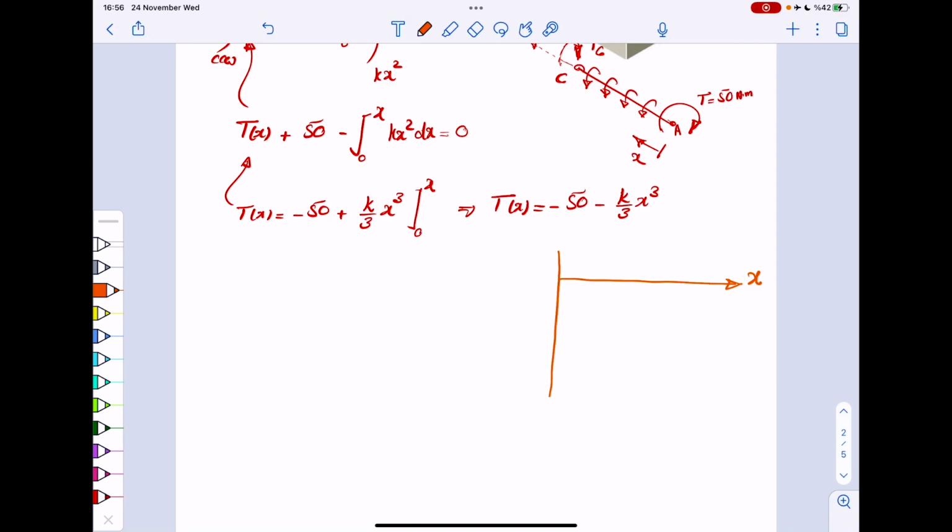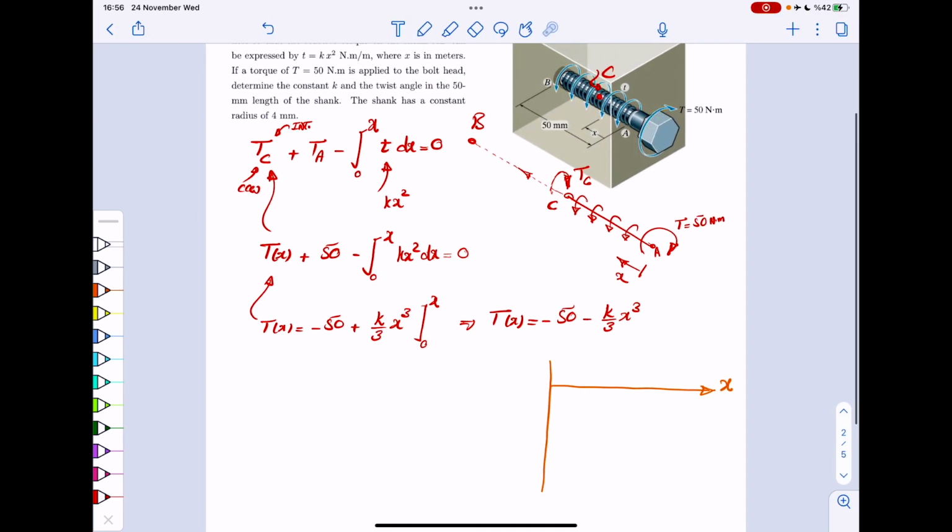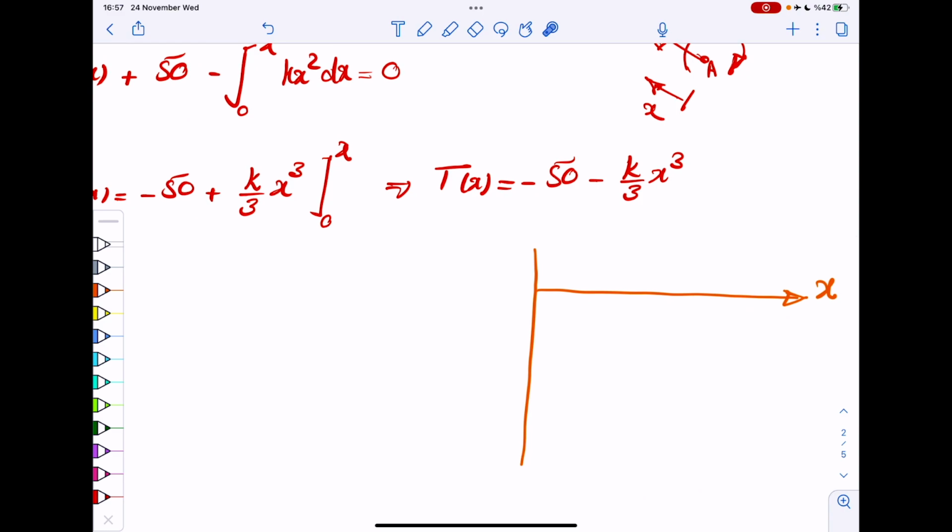In the example, x is drawn like this, but I'm just writing it like that. So 0 means here, I don't know, 25 means here, and then 50 means here. So they are kind of the opposite in that sense, but that shouldn't be a big confusion.